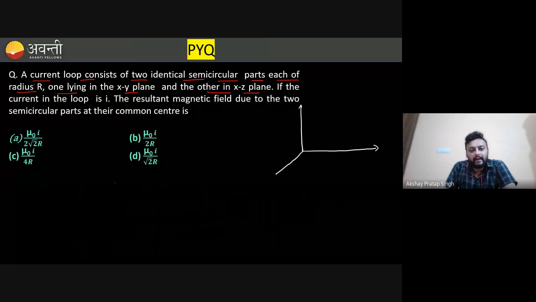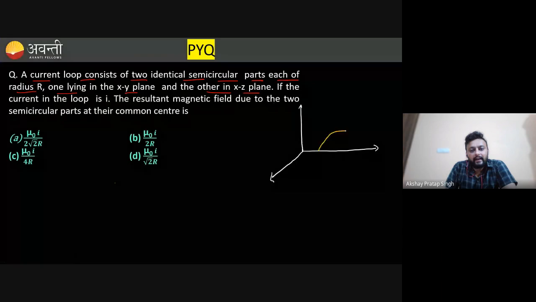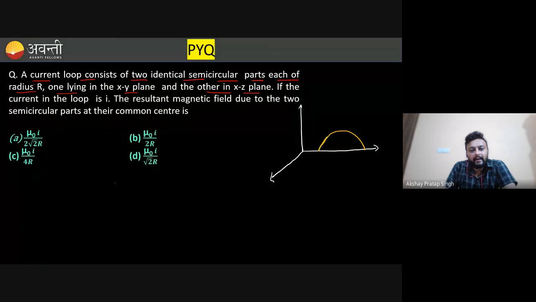The xy plane, like this, you can say, I think it looks like a semicircular part. You can consider it. This is a semicircular part of radius r placed in the xy plane. This is x, this is y, and this is z. Very good. Now another part in the xz plane, I'm trying to draw it.